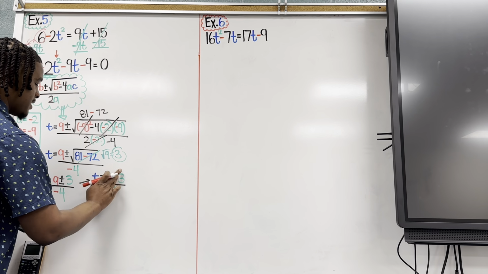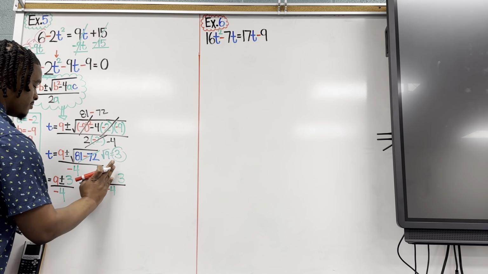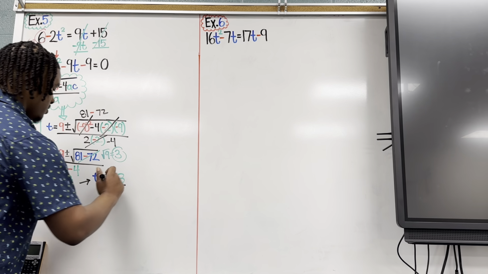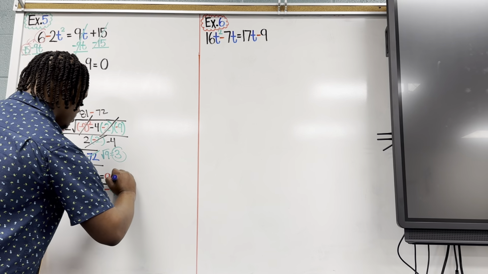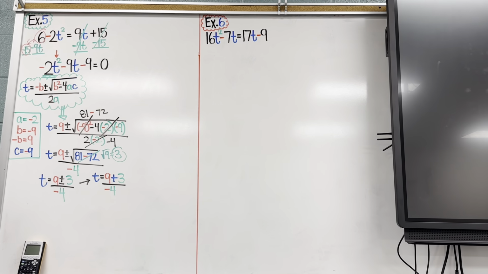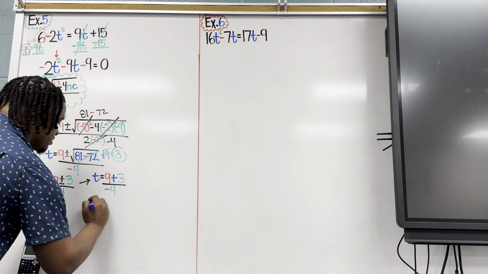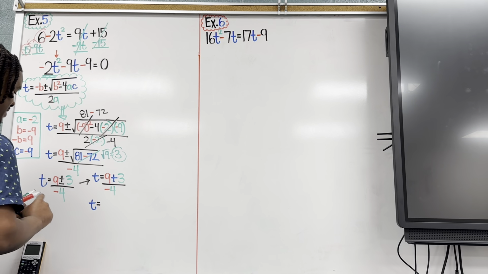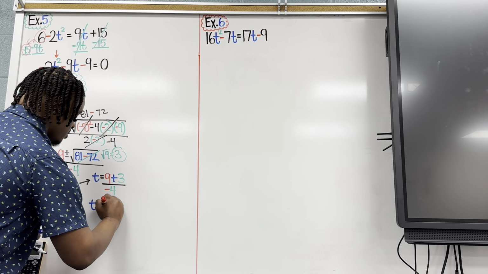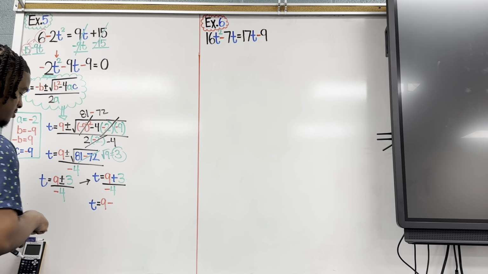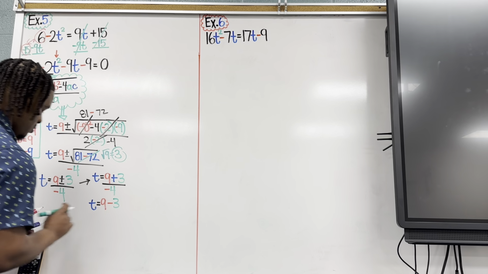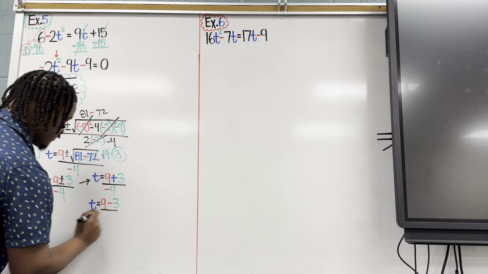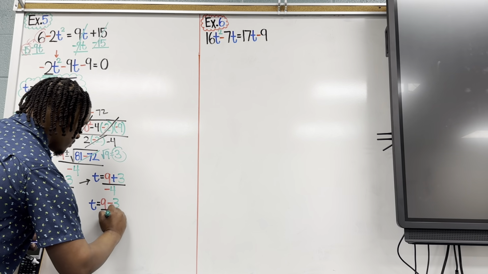Then we're going to have t equals 9 minus 3, all divided by negative 4.